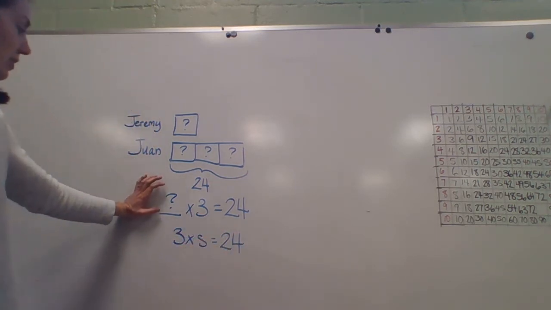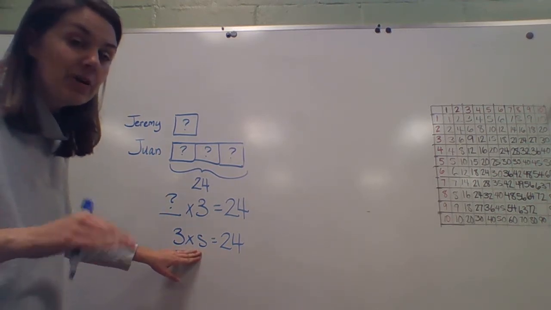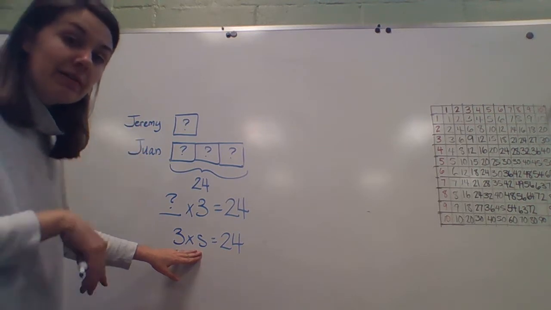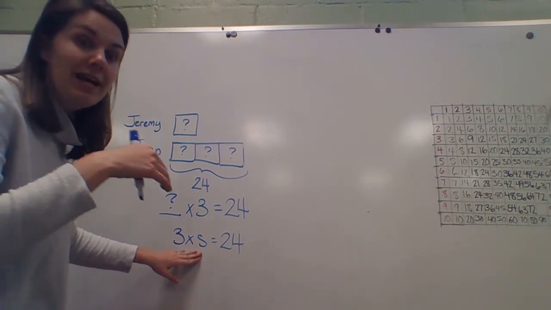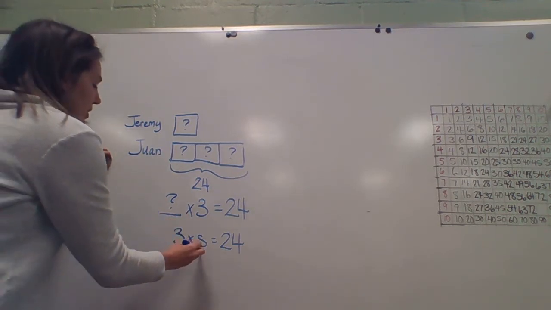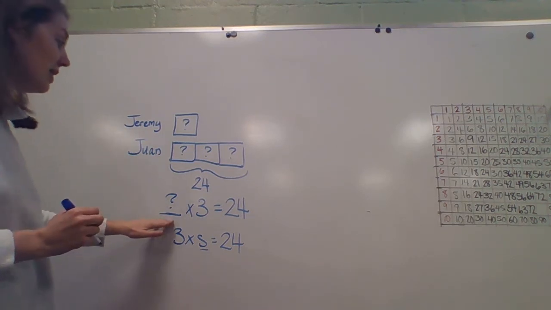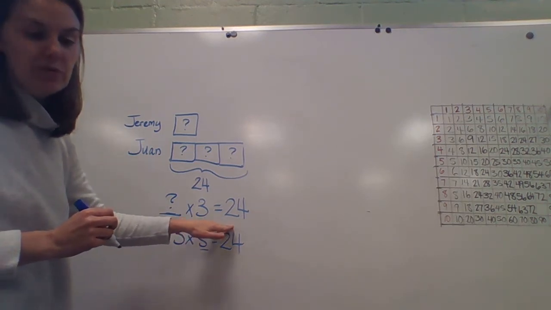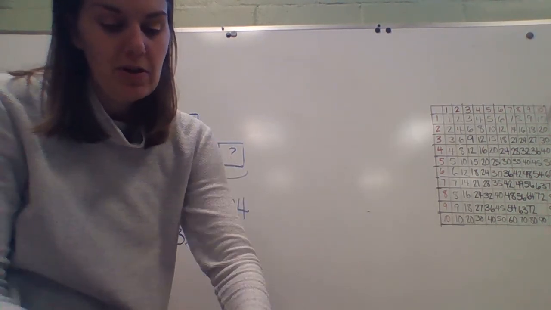So whether you write it with a question mark or a blank, whether you write it with a letter standing in for an unknown number, when we write letters to stand in for unknown numbers, that's how we start working towards algebra. But either way you write it, we're solving for an unknown number. We do not know what number, as of yet, multiplied by 3 is going to make 24. So let's go ahead and turn the page to see how we can work through the steps to solve this problem.